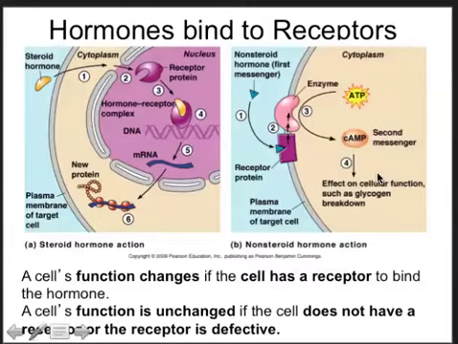And once you generate the end product, to turn off the cascade, all you have to do is stop the first step in the cascade where the second messenger is made, and then the whole thing shuts off.